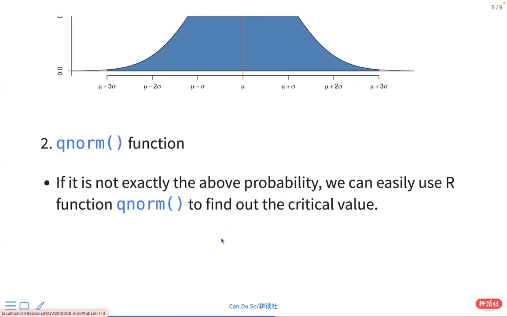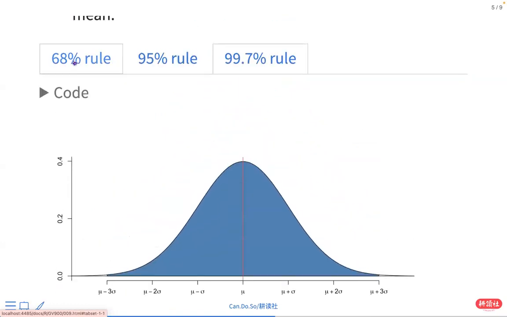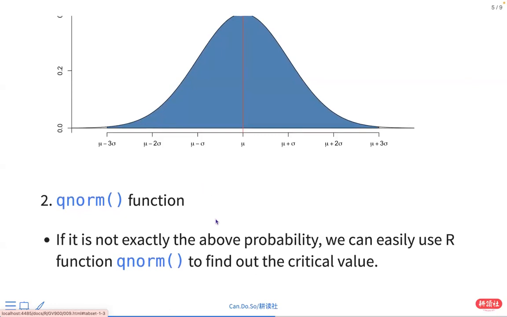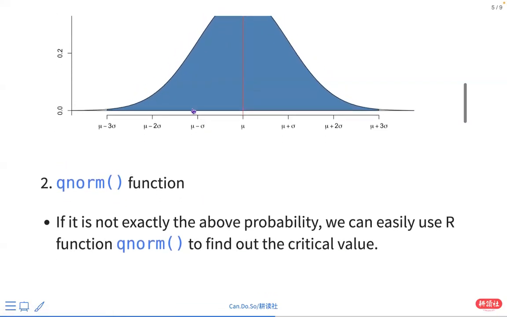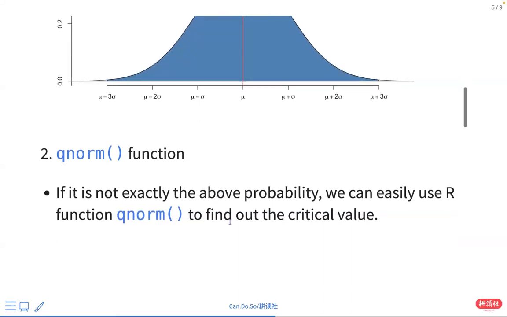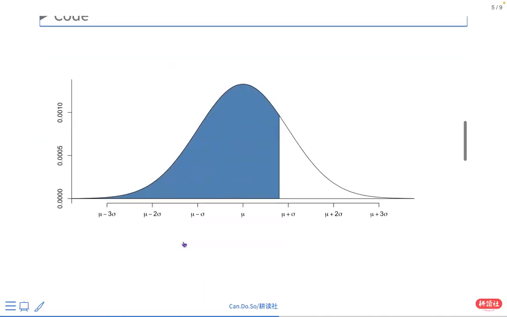If it is not exactly the above probability, so not 68, not 95, not 99.7%, how do we find out the critical value? We use the qnorm function.